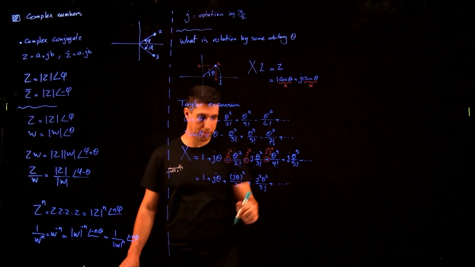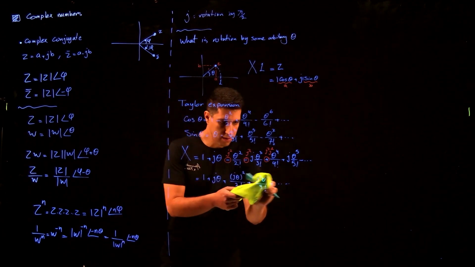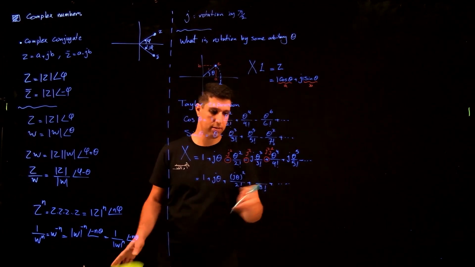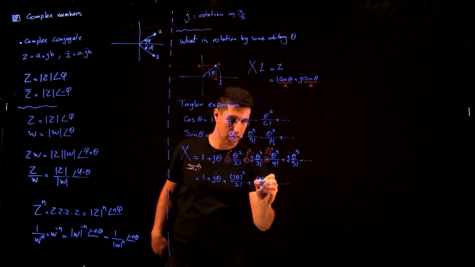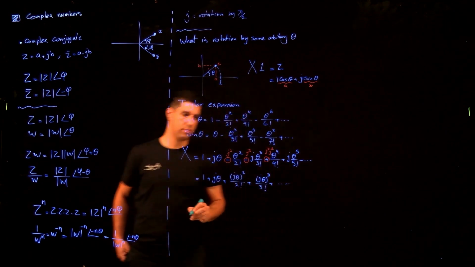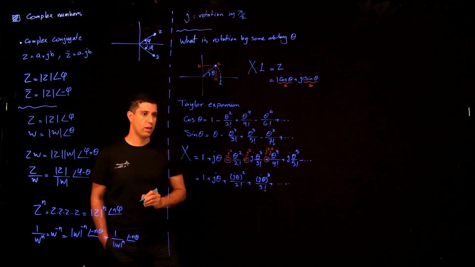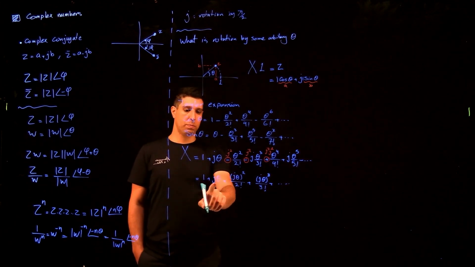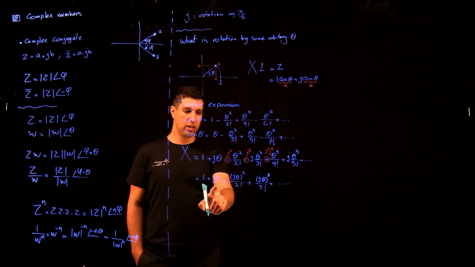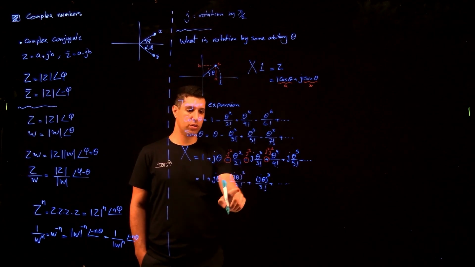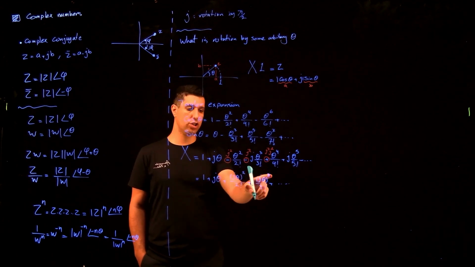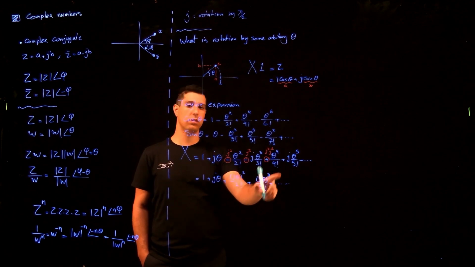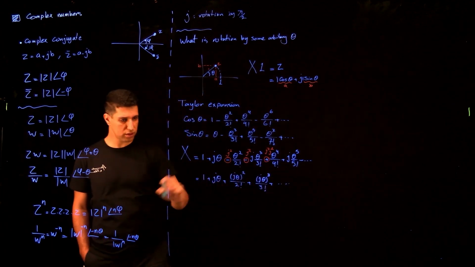What happened here? j theta cubed, that's better. So I have 1 plus something squared over 2 factorial, plus something cubed over 3 factorial, plus all of those.